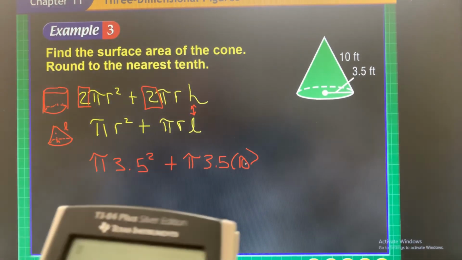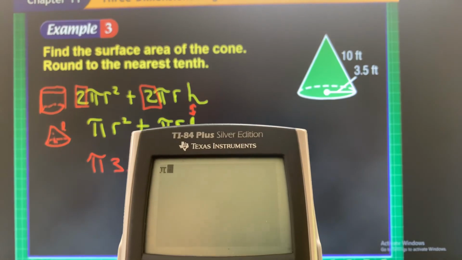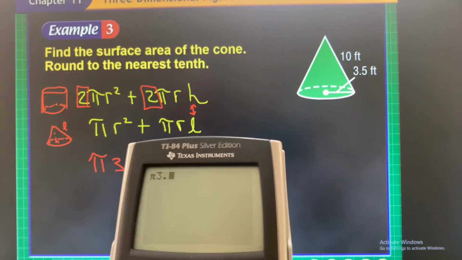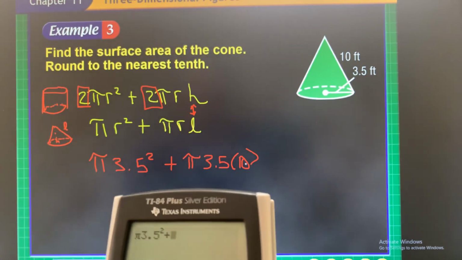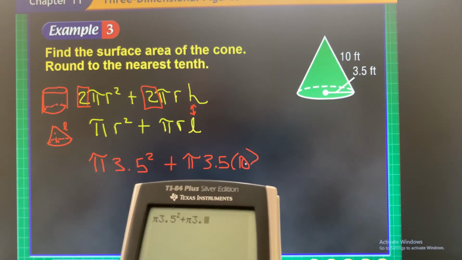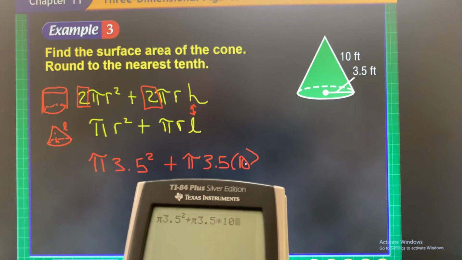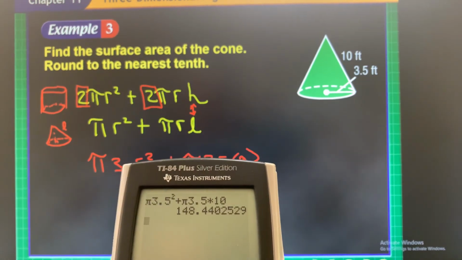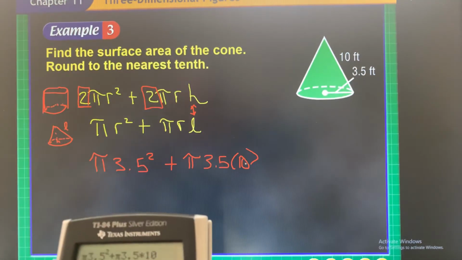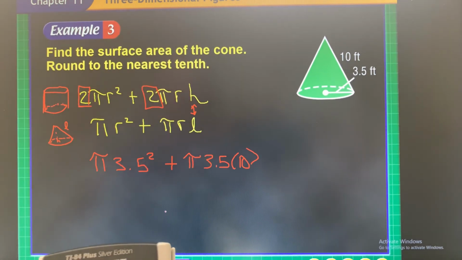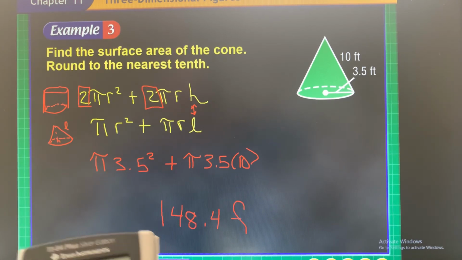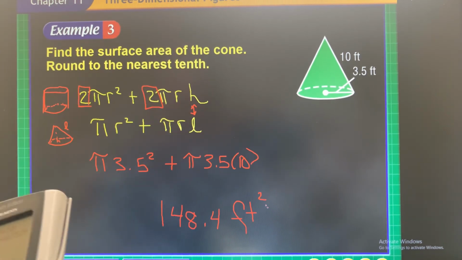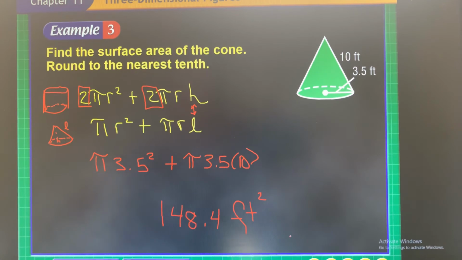And you're going to go second pi 3.5 squared plus second pi 3.5 times 10. There you go. And rounding to the nearest tenth, you're going to get 148 4/10 feet squared. It's pretty easy.